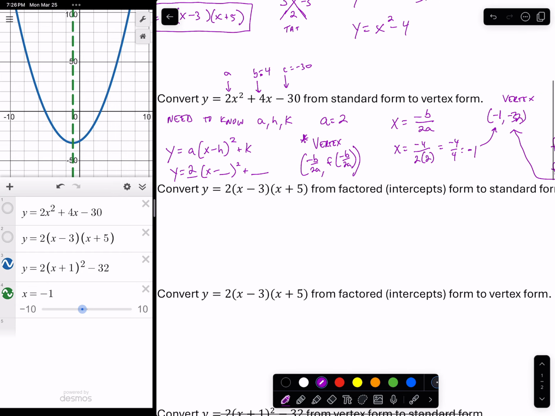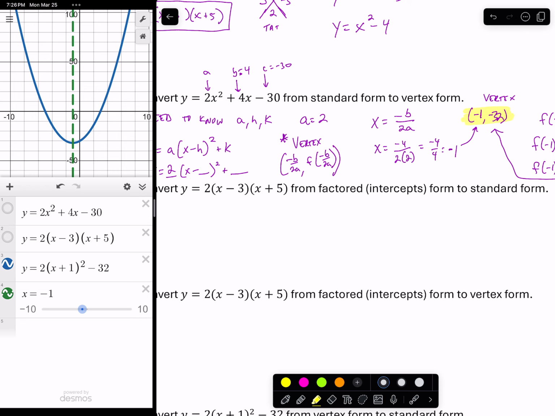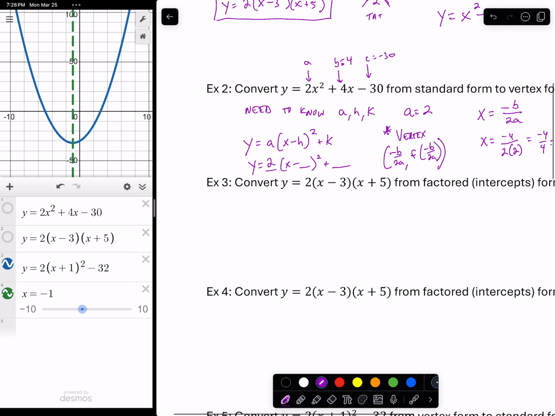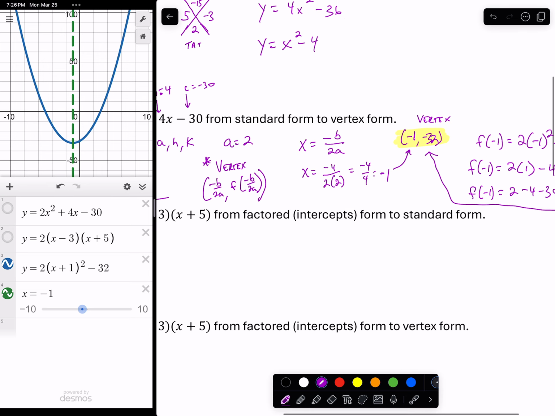So now I have the other two pieces of information I need here. So I'm going to highlight that information. That is the h and the k that we need over here. So the h, let me write it underneath so you have that, or on top. That's the h, and that's your k of your vertex.